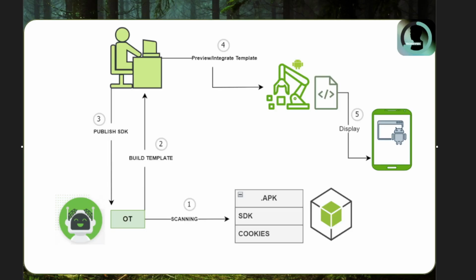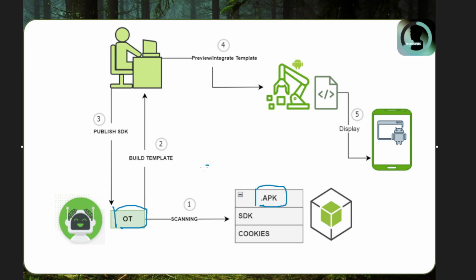We have three main components in this scenario to integrate the OneTrust cookies banner with your company application, whether it is iOS or Android. We will have to use the OneTrust platform with a mobile application subscription, and we will have to use the Android or iOS package file.